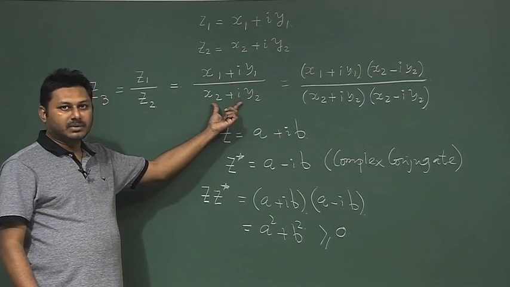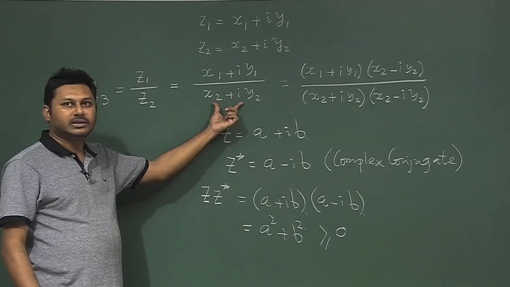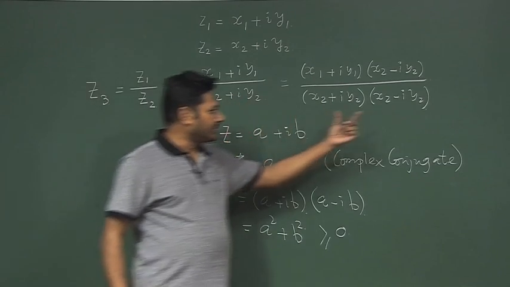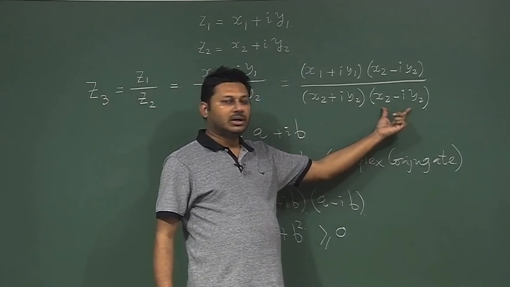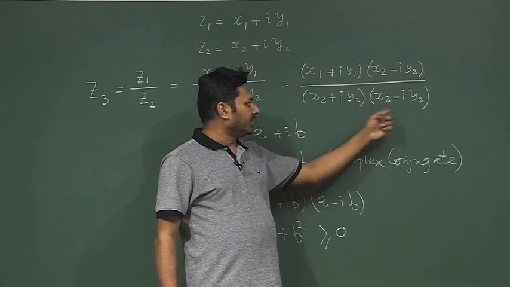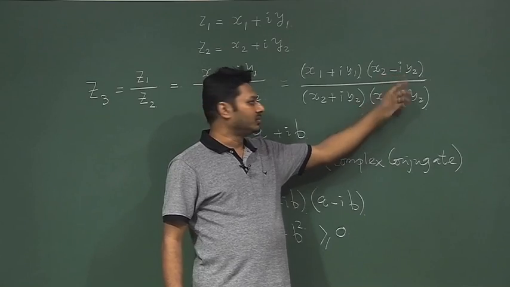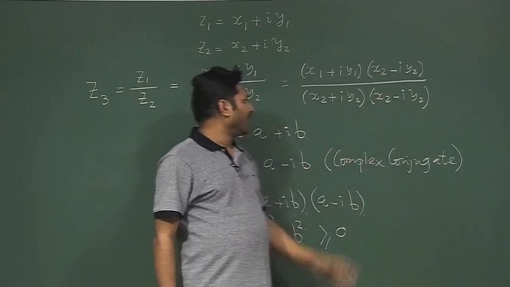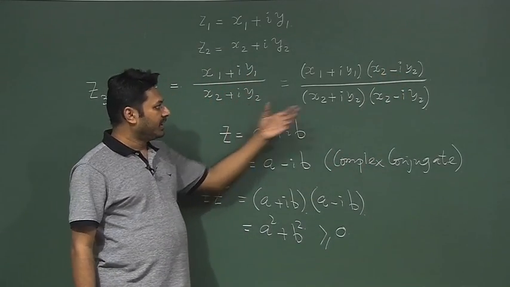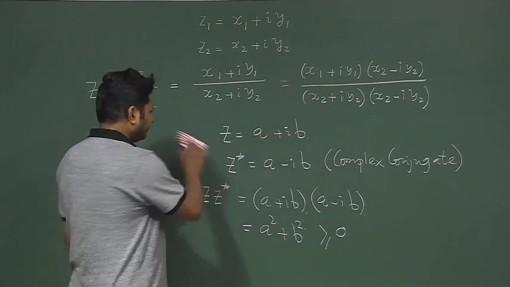Here we are doing the same thing. We have a complex number in the denominator, and I do not want that. What I will do is multiply by the complex conjugate, which is x2 minus i y2. When I multiply that, I need to multiply the numerator also, so that the original thing remains the same.